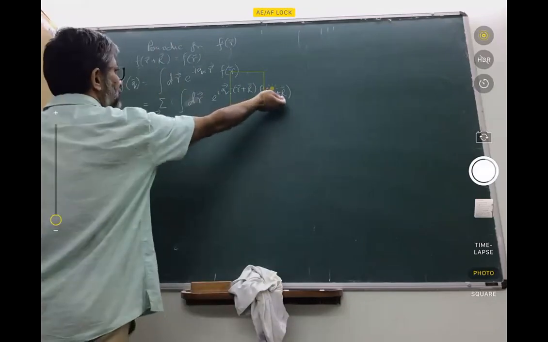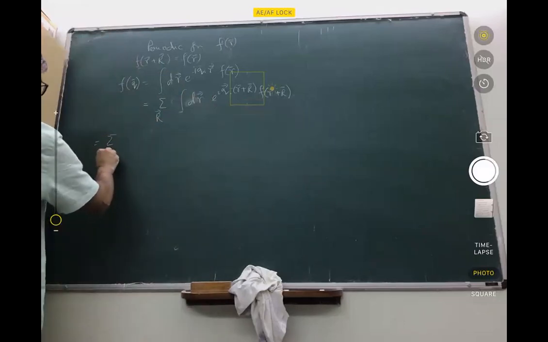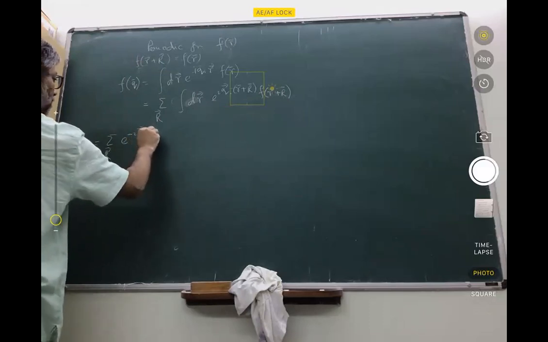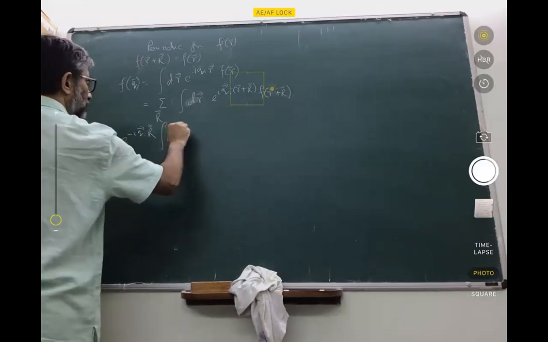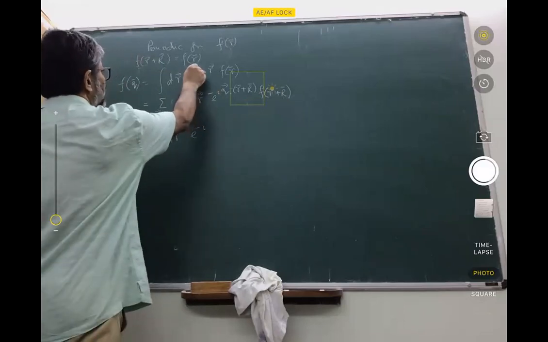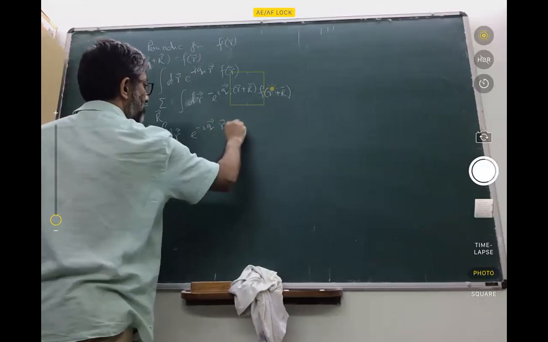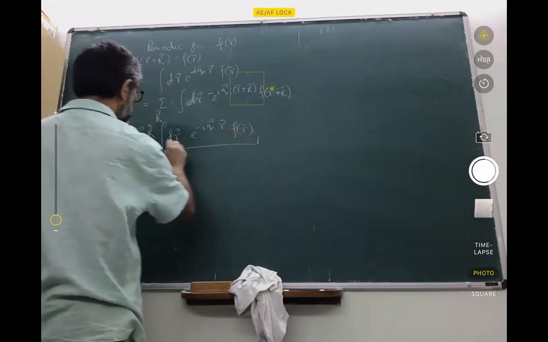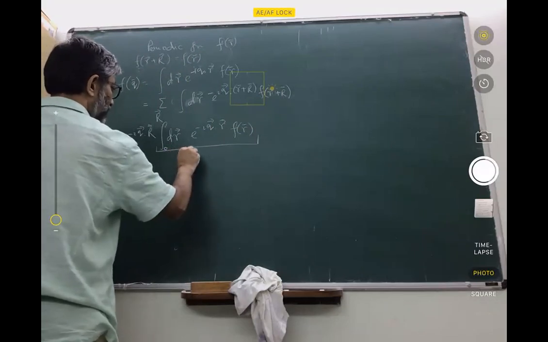Now this is a periodic function, so this will give me f of r. So, e to the minus i q dot R, but this integral is over the unit cell. So let me put a 0 here, which means over the unit cell.